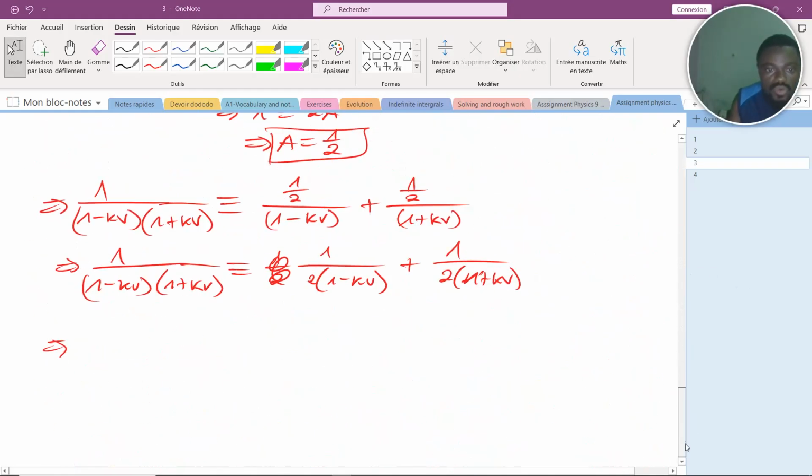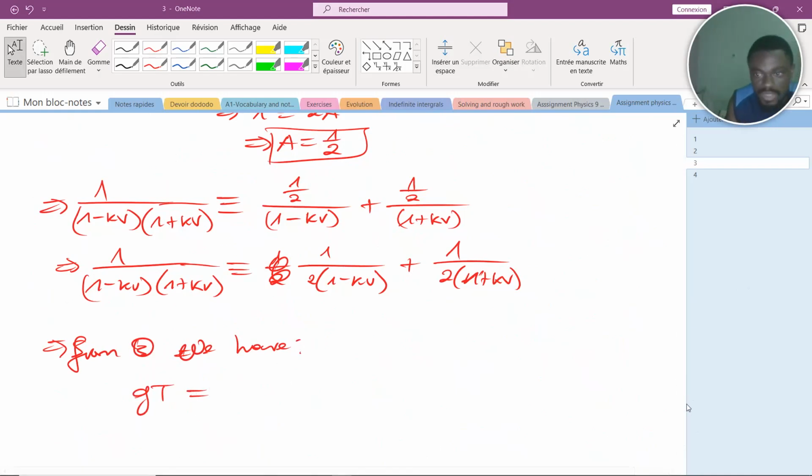Is that okay? So it implies from equation 3 we have G capital T being equal to what?